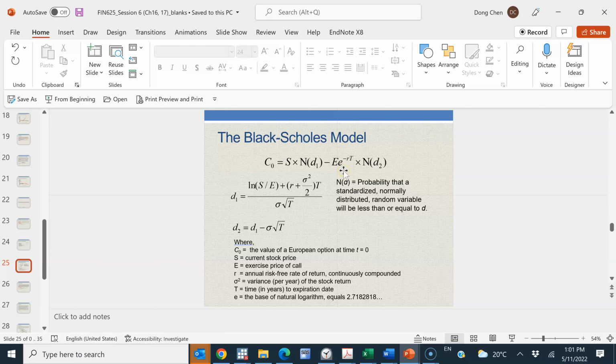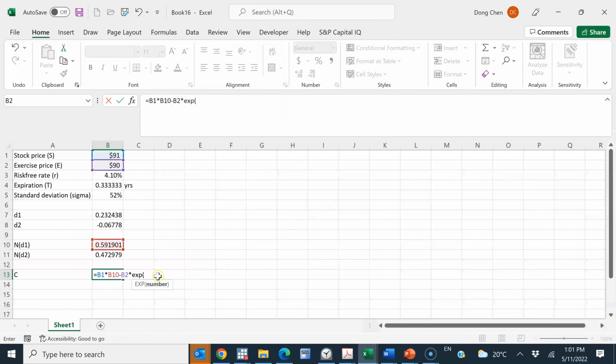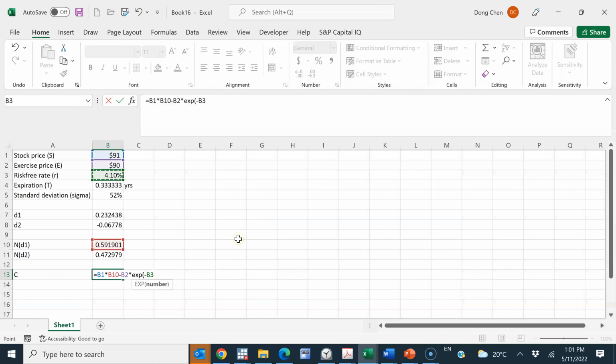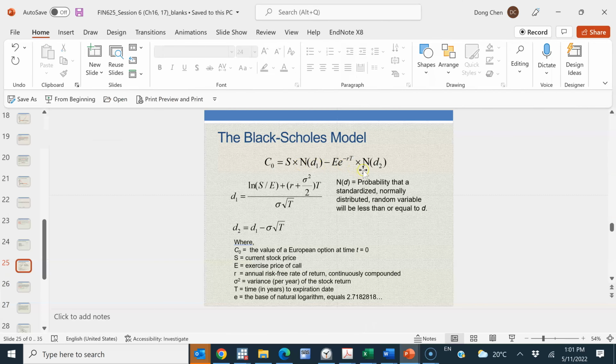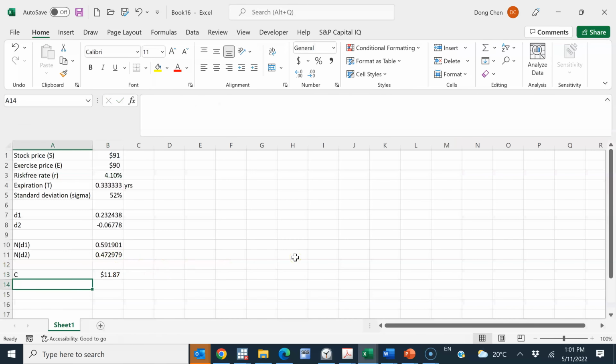That's the base of the natural logarithm function. And that will open that. It's going to be negative R, which is the risk-free rate, multiplied by this capital T. Close that. And then further multiply by this N(D2) right here. So this gives me the value of the call option.